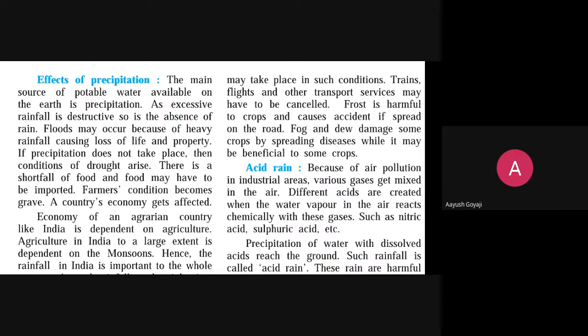ओके, we know that there is almost 71% of water on the earth, but out of that 71%, 96% water is in the ocean, and it is not potable. We cannot drink that water because it is salty, and only 4% of the water is drinkable, is potable, and all that water is from the precipitation.